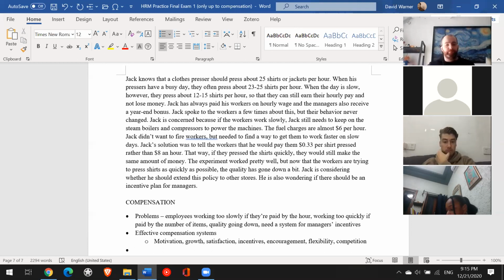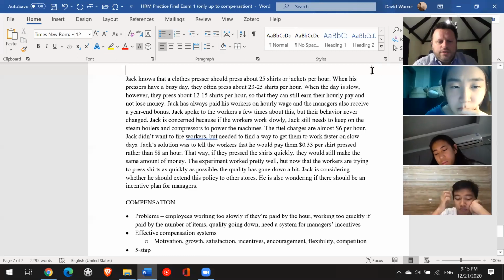And then the suggestion that I think Christine just gave, is it part of a bigger plan? There's this 5-step plan for compensation.